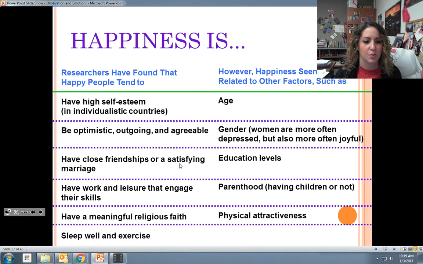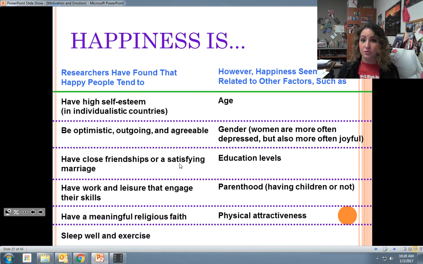And this is what research says happiness is about and what happiness is not about. The column on the left is what researchers have found influences happiness. But things that don't influence happiness are age, your physical attractiveness, whether you have children or not, your education levels, and gender.